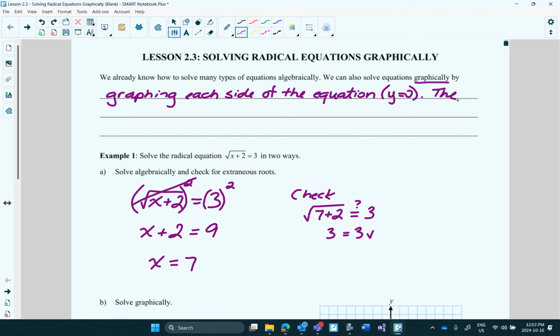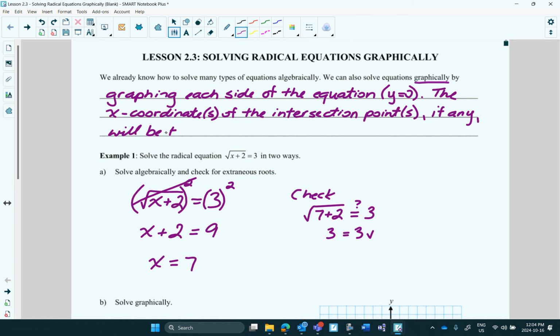The x coordinates of the intersection point or points, if there are any, because we saw cases where there were two, we saw cases where there was one intersection point, and we saw a case where there was none, will be the solutions to the equation.